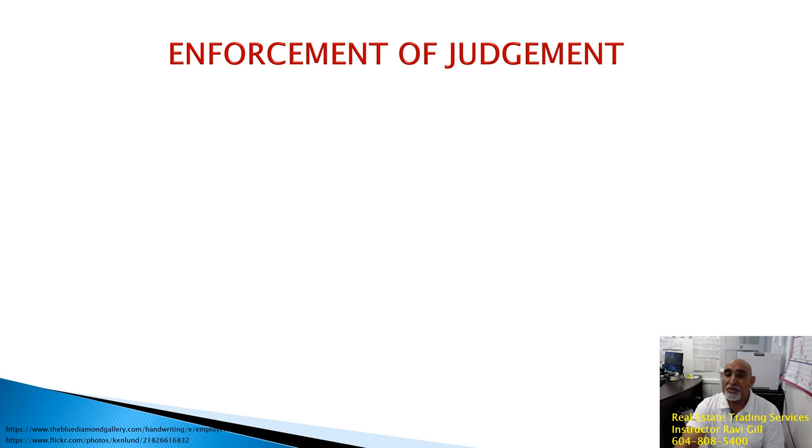The judgment creditor takes this order to the judgment debtor's employer, and the employer is required to take what amount the order says. If it says 20%, then the employer must take 20% out. And the employer will deliver this money to the court, and the court then will give it to the judgment creditor.